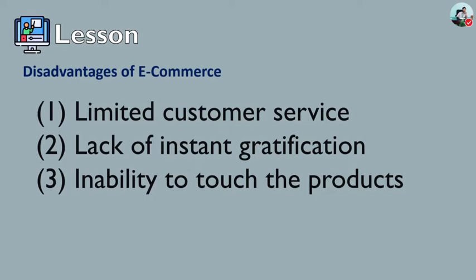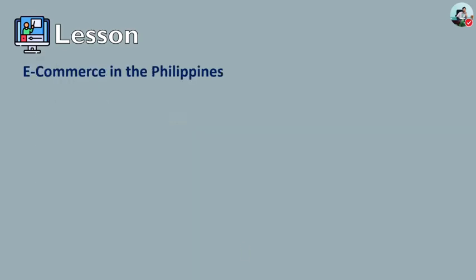And so e-commerce purchases can be unsatisfying when the products received do not match consumers' expectations. So we have the common phrase, expectations versus reality. We see in the pictures or images that it is nice, but once we handle the products, it does not meet our expectation. So these are the disadvantages of e-commerce.